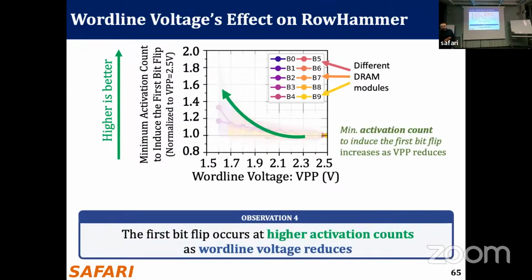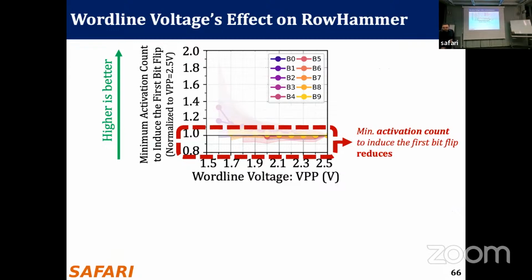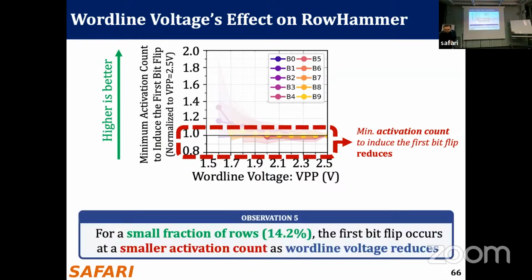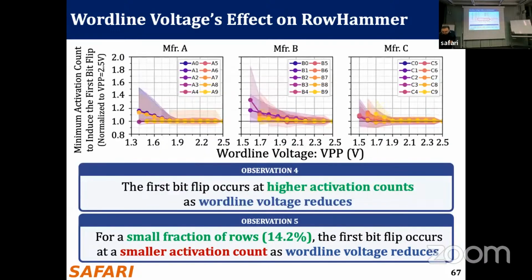We observe that the first bit flip occurs at higher activation counts as a dominant trend as the wordline voltage reduces. There are also some points below 1.0, so the minimum activation count to induce the first bit flip can reduce as well in corner cases. For a small fraction of rows, the first bit flip occurs at a smaller activation count. And again, for these two observations, when we look at all three manufacturers, the general trend is pretty much consistent across all of them.